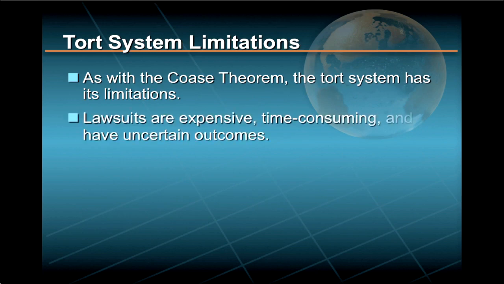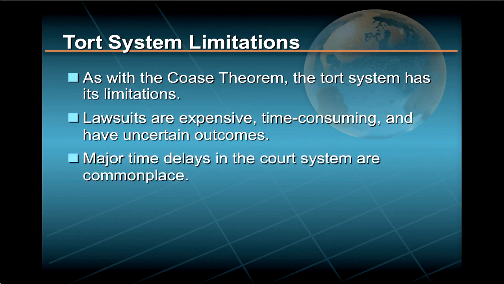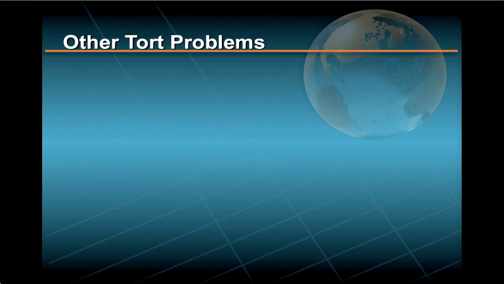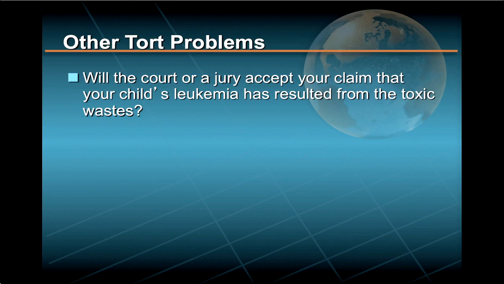For one thing, lawsuits are expensive, time-consuming, and have uncertain outcomes, while major time delays in the court system are commonplace. In addition, there is great uncertainty. Will the court or a jury accept your claim that your child's leukemia has resulted from the toxic waste emitted by the degreaser plant next door?